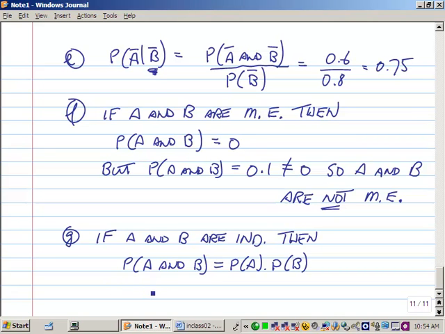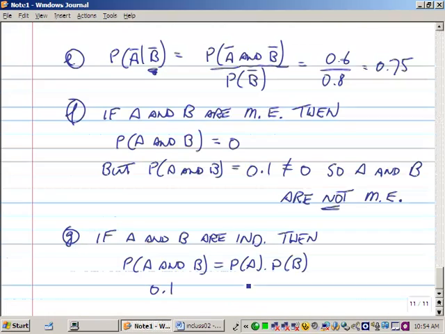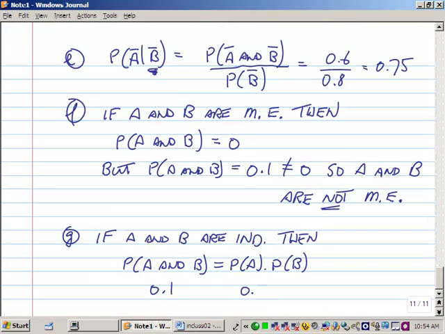The probability of A and B is 0.1, and we check that against the probability of A, which is 0.3, times the probability of B, 0.2, which turns out to be 0.06.